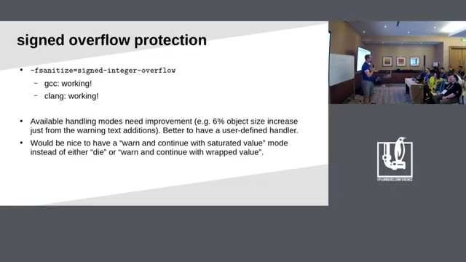I'd really like to have a warn but continue with a saturated value. Like don't actually wrap, stop at int max or whatever. Because most of the time if you're passing it to an allocator, the allocator will scream at you and you'll actually get an error path as opposed to getting really strange results.